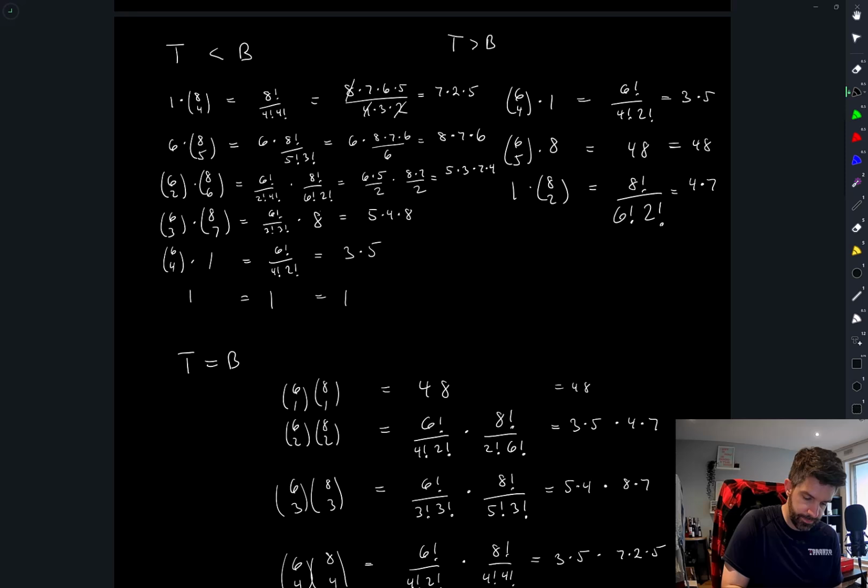This is 70. I'm going to use a different color. 70. I'll leave the big one, 876, for later.